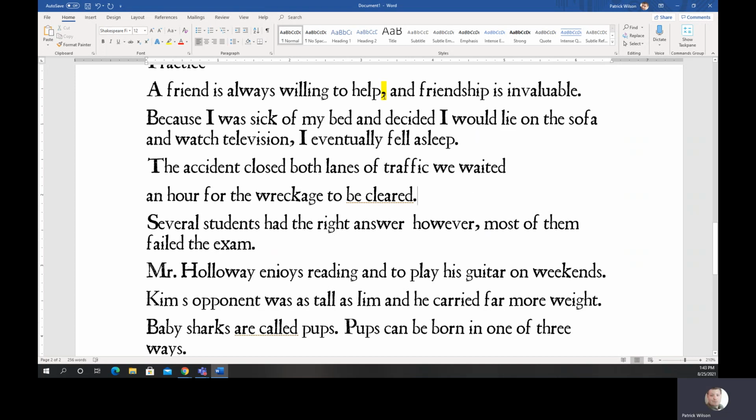So if you remember the 4 different methods of how to correct a comma splice, they work the same with your run-on sentence. So in this case, you could easily just say period and capitalize the W. That could be one way that you could correct a run-on. You could do a semicolon and lowercase the W in we.